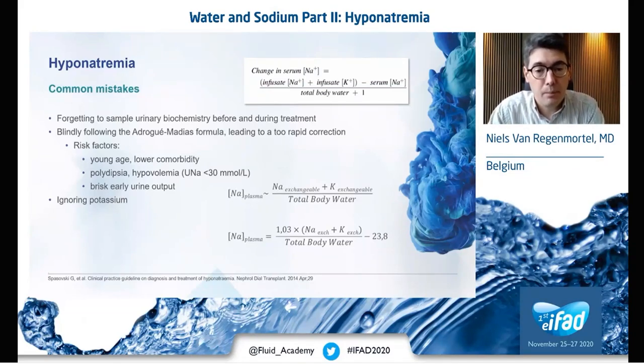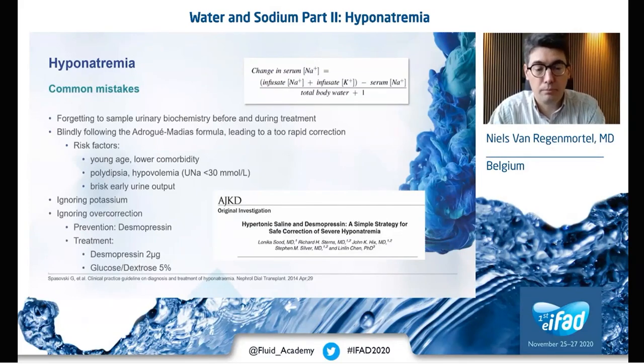You can read the paper. Because of this formula, the sodium will increase as if the potassium that you are administering were sodium. So please think about that and correct for it. And therefore, in the Adrogué-Madias formula, the infusate potassium is on the same line as the infusate sodium. It will correct your sodium just by giving potassium.